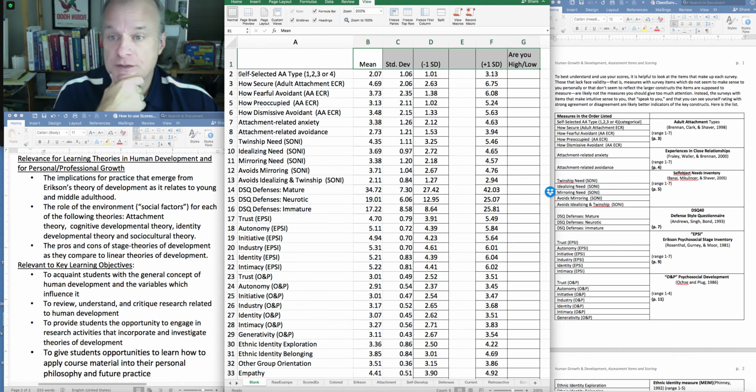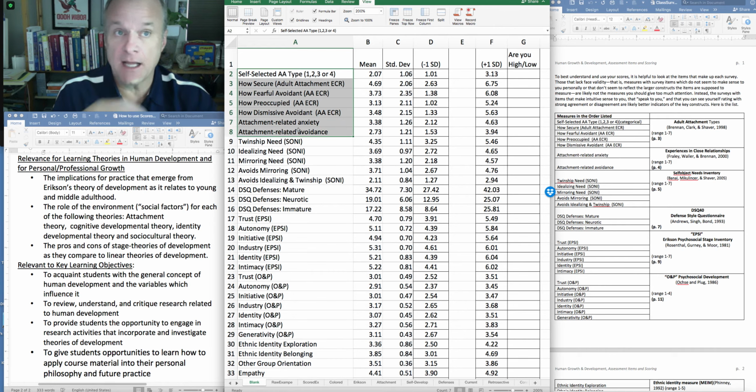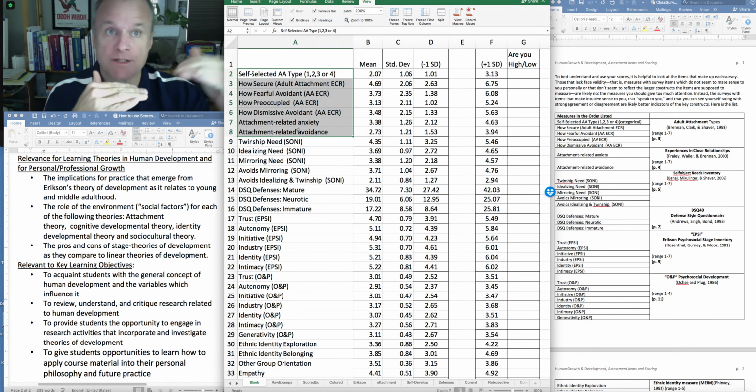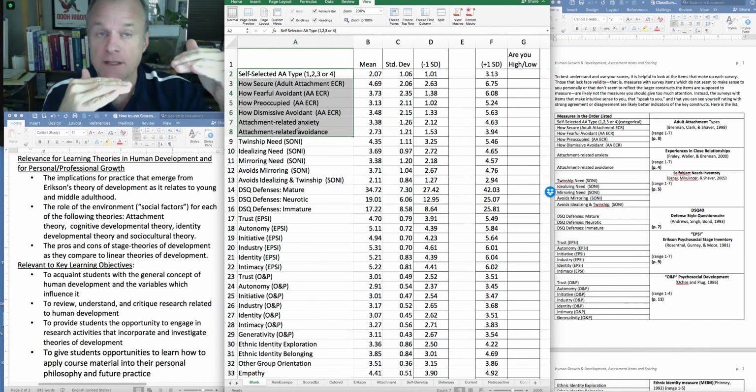Attachment theory, which is the first set of constructs here, is a construct that's assumed to be formed basically around social factors and social experiences in childhood, and manifests in a different type of attachment. That has consequences over time, where it continues on a trajectory unless something intervenes to alter it.